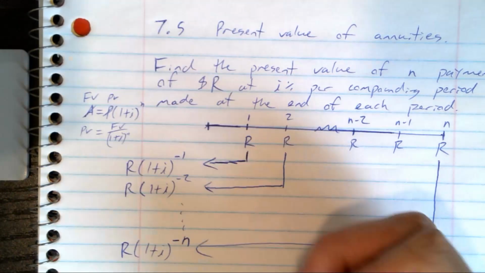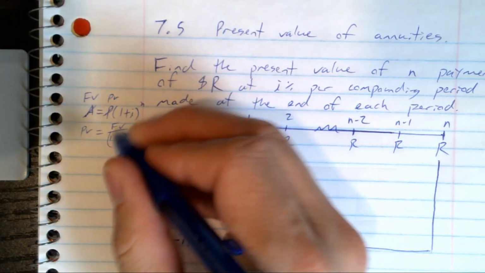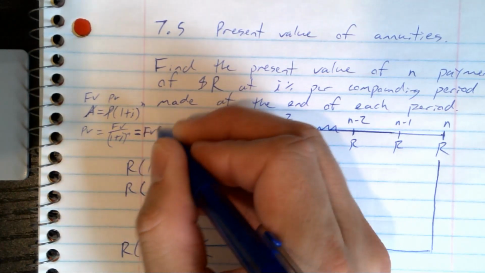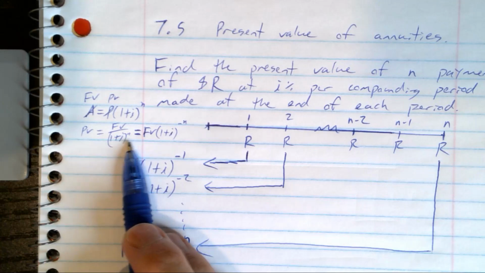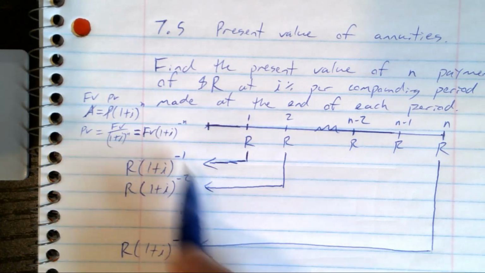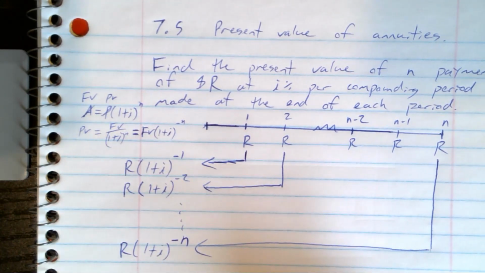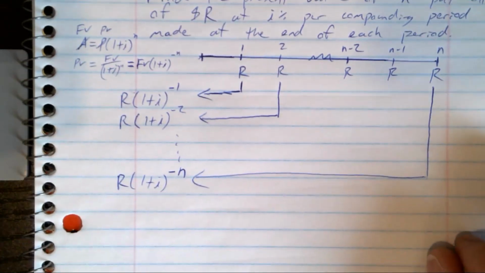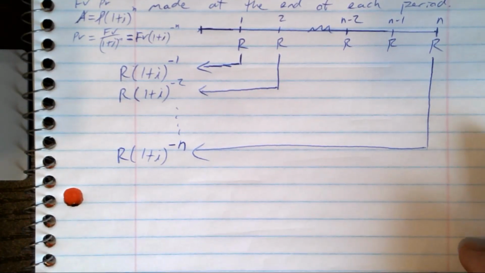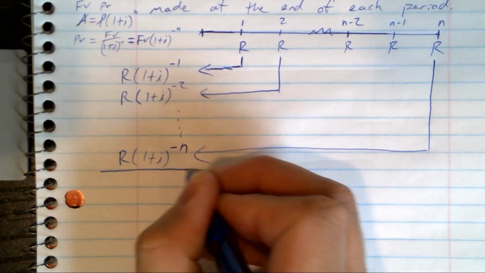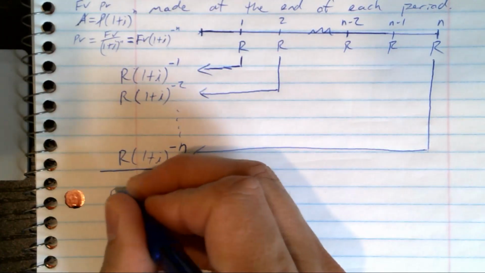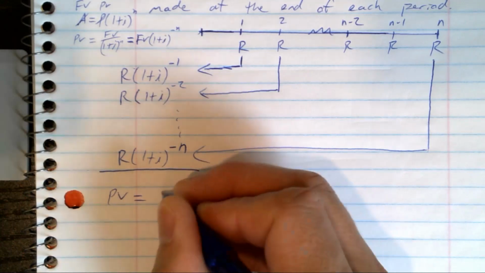But then we just pulled some grade 11 unit 3 Kung Fu and used a negative exponent instead and tracked it backwards in time. Okay. So here are the present values of all of our payments, and the present value of the annuity as a whole is going to be the sum of this series right here.